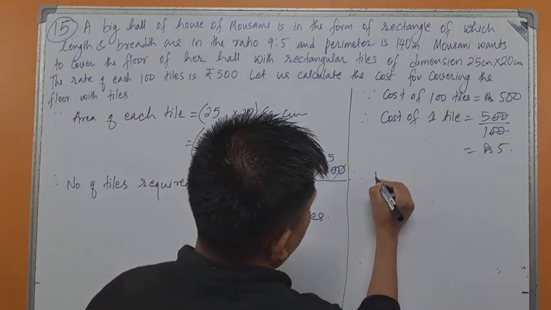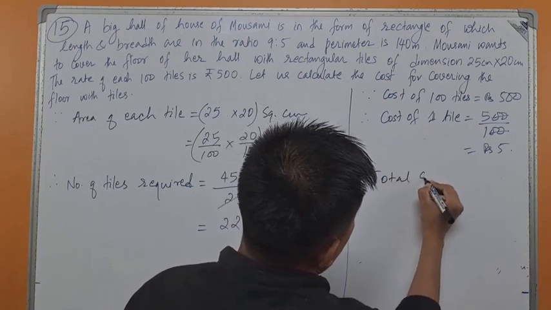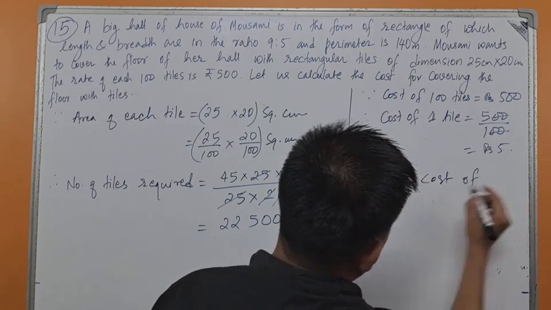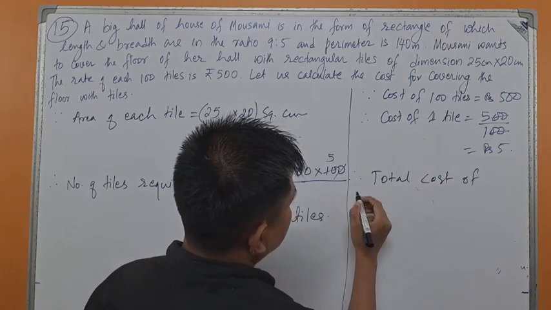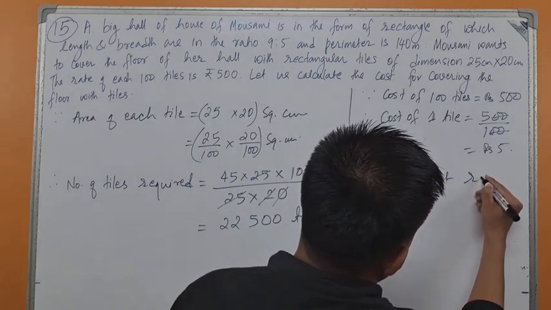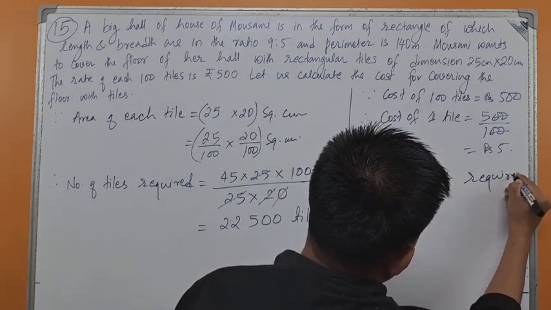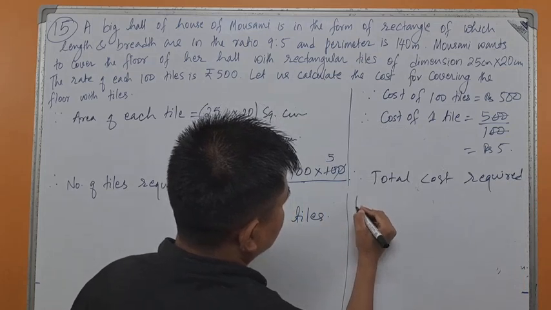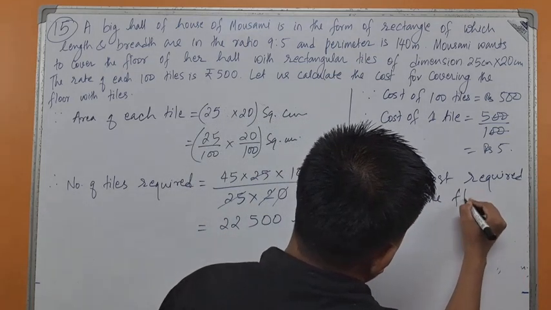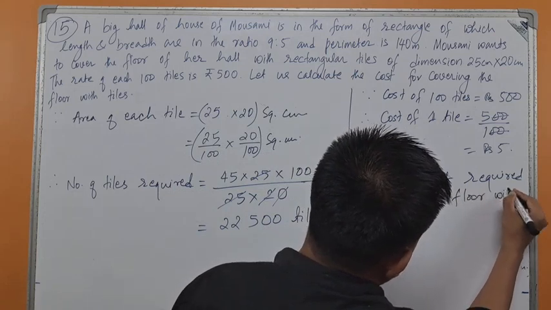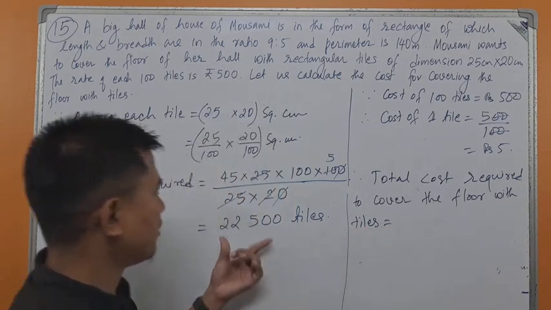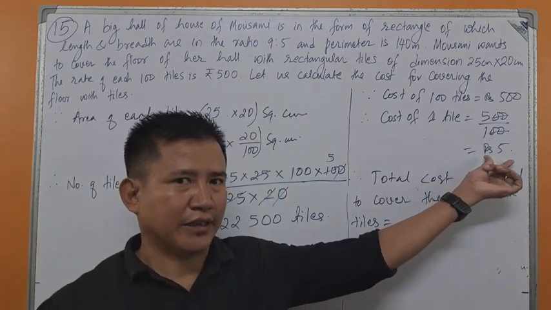Therefore total cost required to cover the floor with tiles equal to number of tiles into cost of each tile, isn't it?